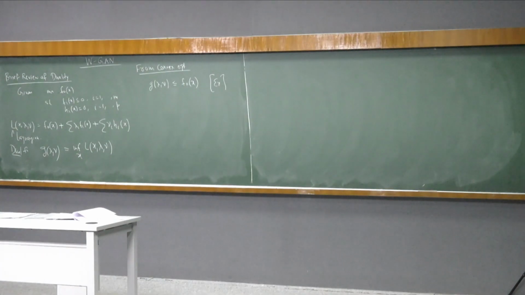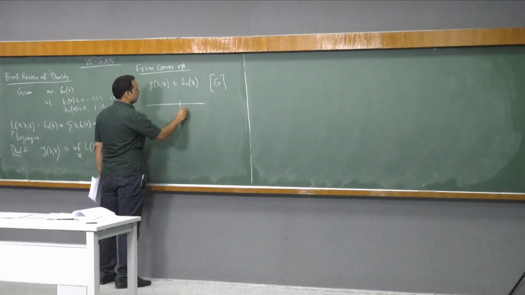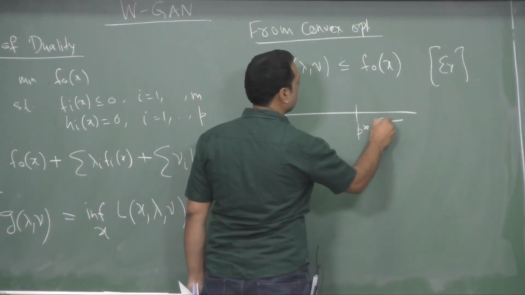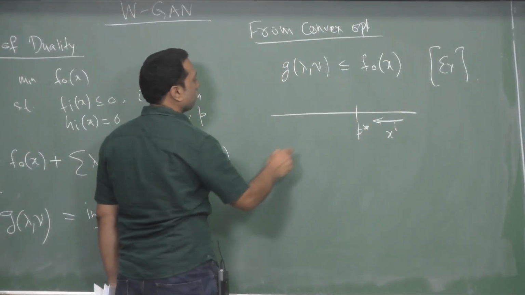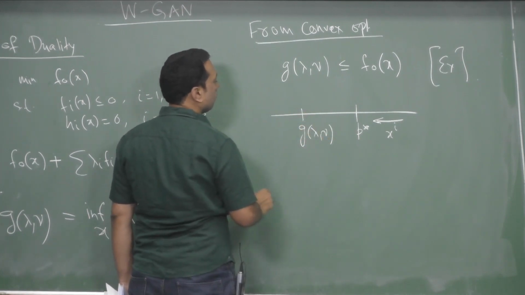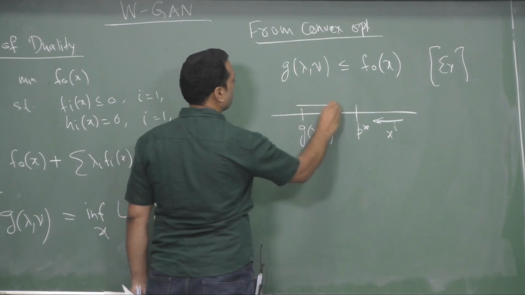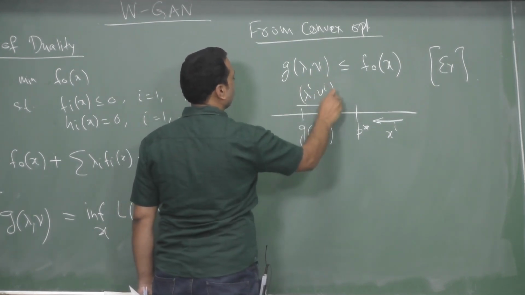So what this suggests is that to solve the minimization problem, if I have a primal problem which is p star, I can approach the primal p star via the dual function g(lambda, nu), through lambda_i and nu_i.